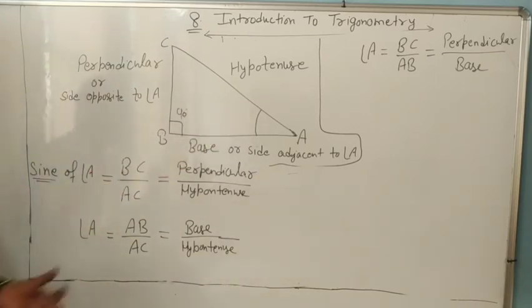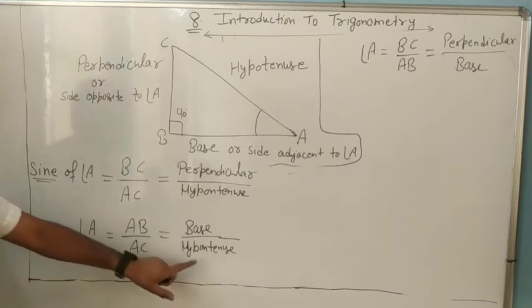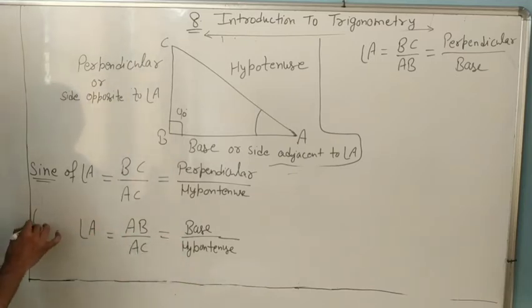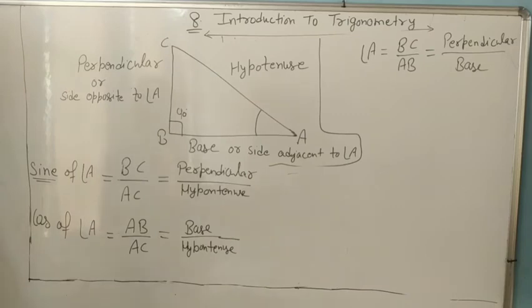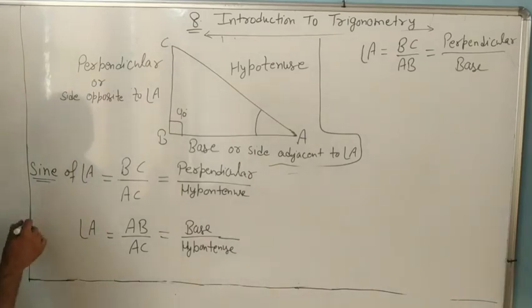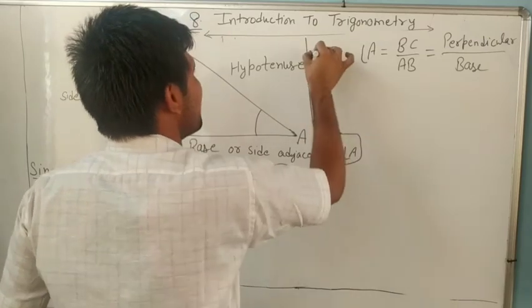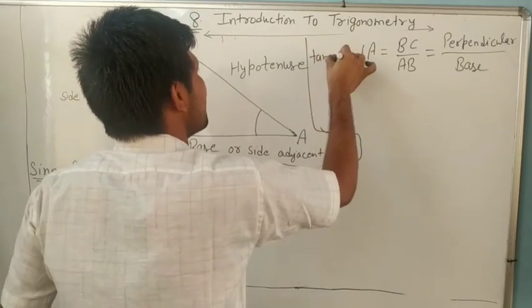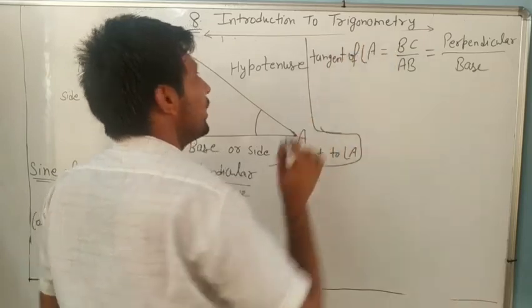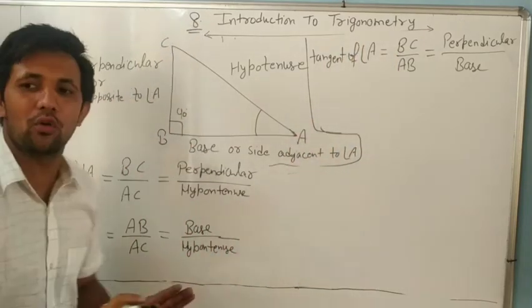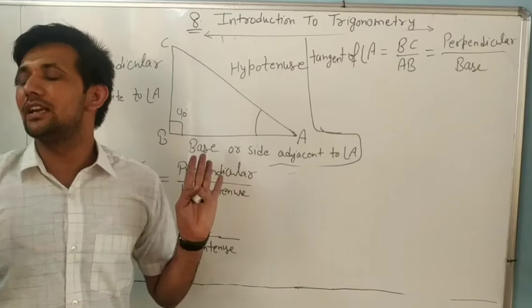Same, it is base by hypotenuse. We will say cosine of angle A, and we will call the other tangent of angle A. Don't be confused, only look at the board for 5 minutes and you will understand it very easily.